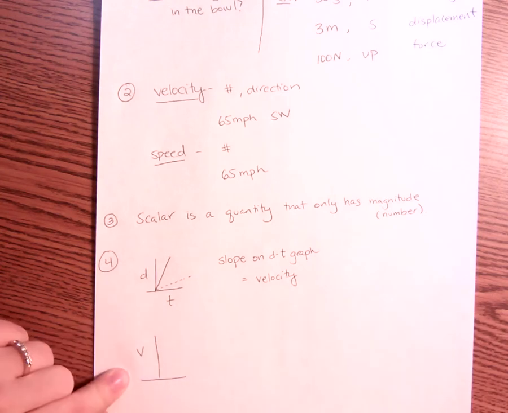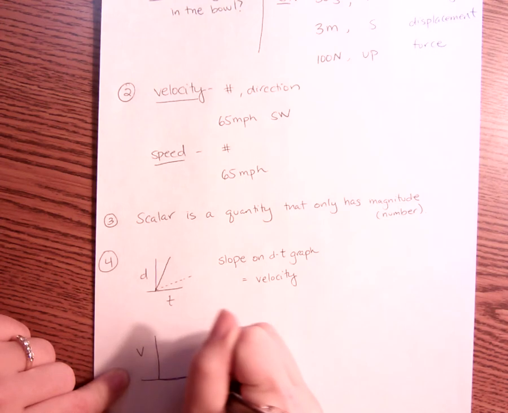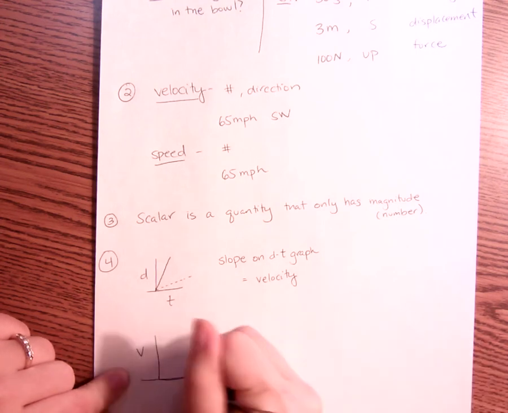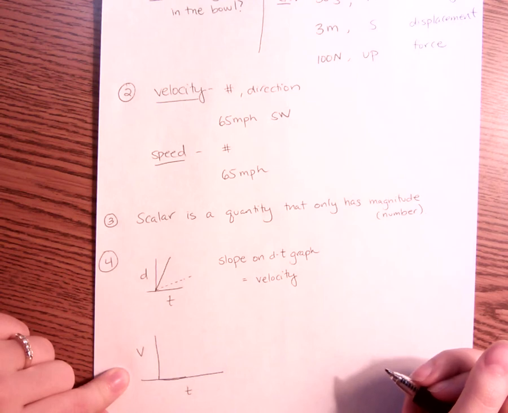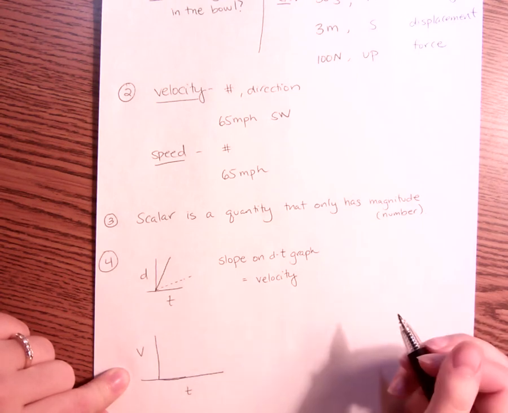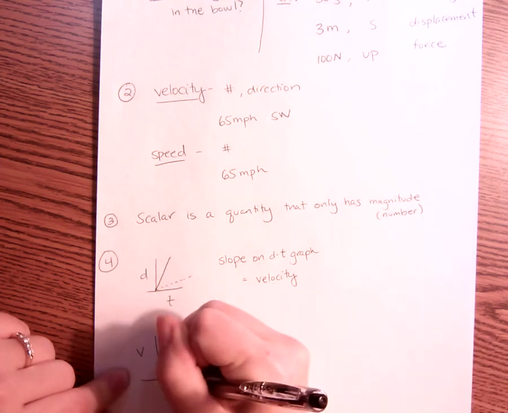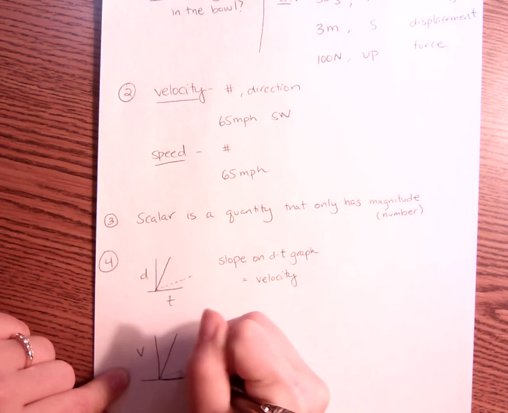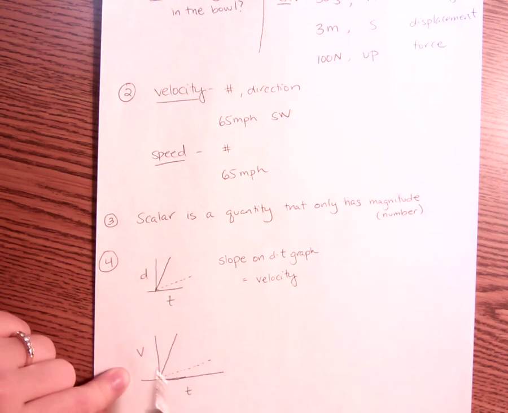Now let's look at a velocity time graph. This one's a bit harder to see. But if you think about what a VT graph is, here's my velocity over time. If I have a slope on this line, it's changing my velocity, right? My velocity started out at 0 and is getting bigger over time.